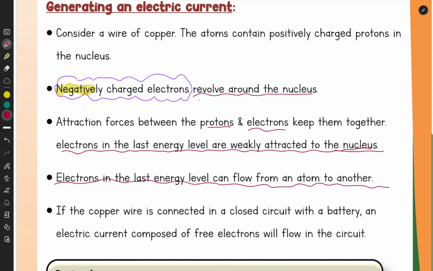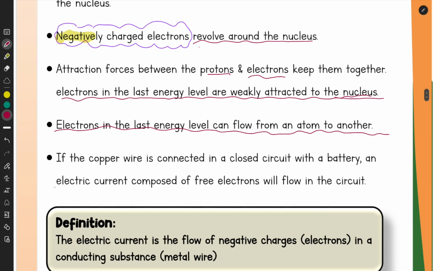Some atoms can lose electrons and some others can gain electrons, as we know from chemistry, of course. But if the copper wire is connected in a closed circuit with a battery, an electric current composed of free electrons will flow in that circuit.